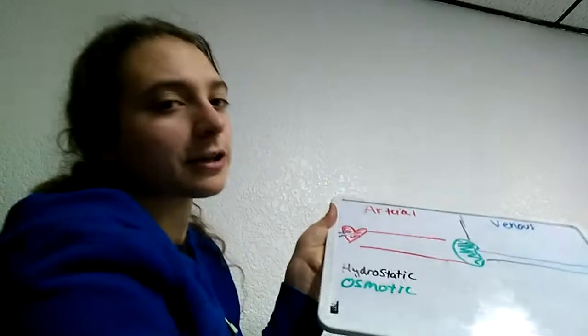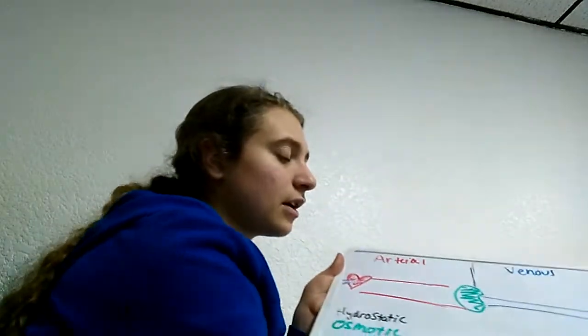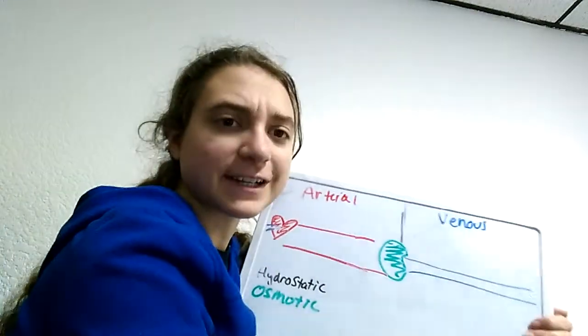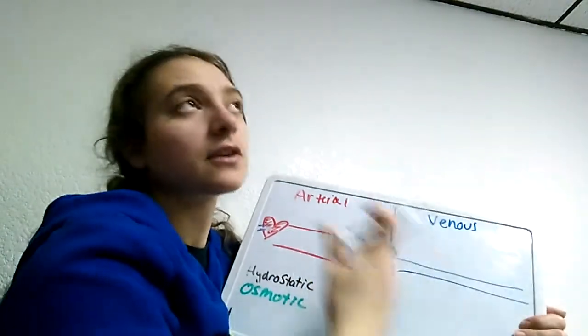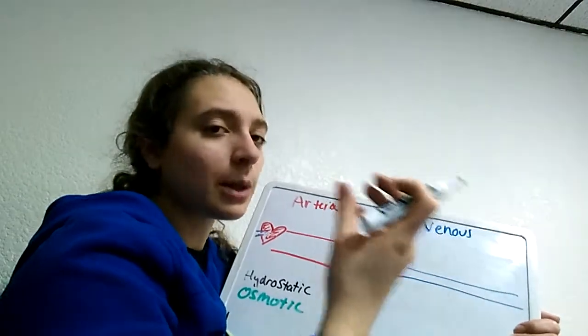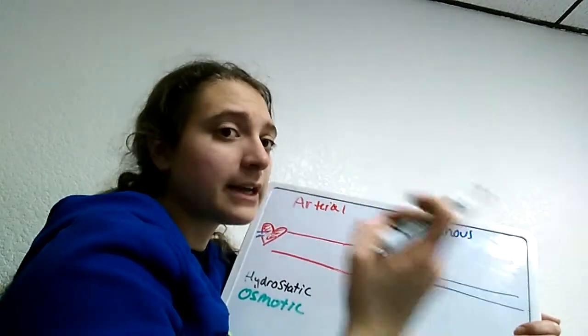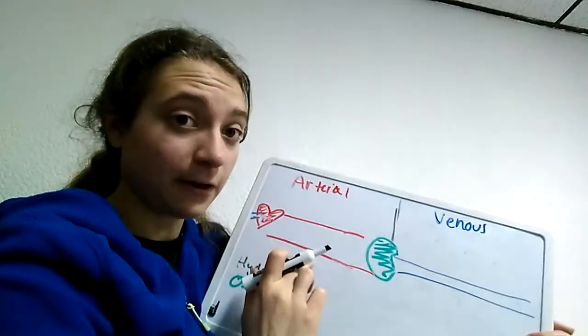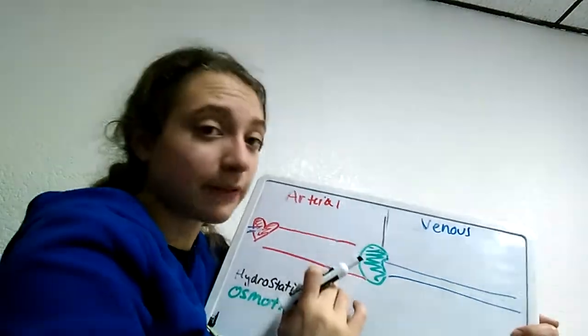So hydrostatic pressure is basically the pressure that a fluid exerts on its container. So if you think about a water balloon, the pressure is coming from water and the container is the balloon. The container of our water is our blood vessels.